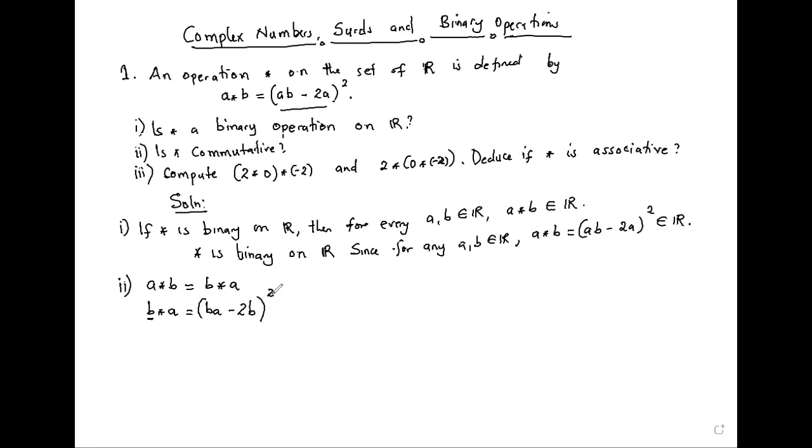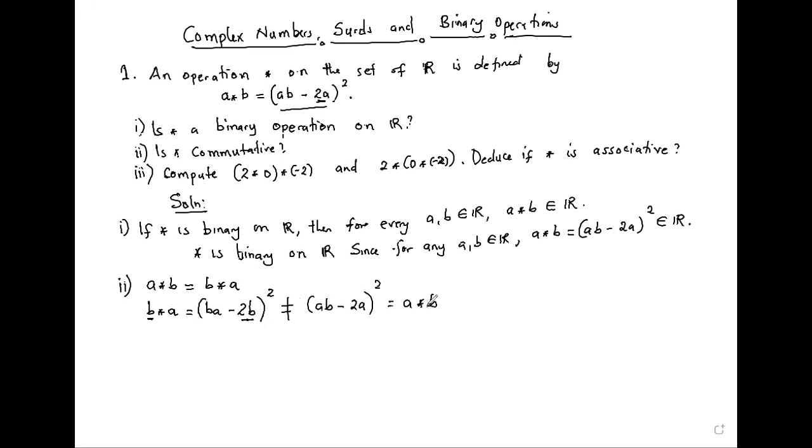This is not equal to AB minus 2A squared, which is A star B.